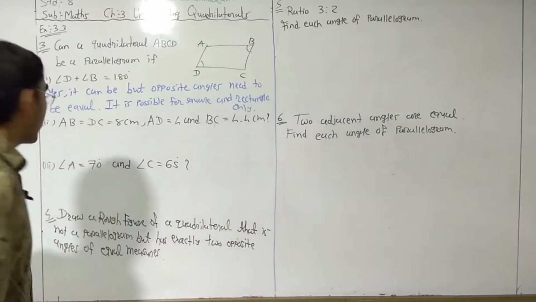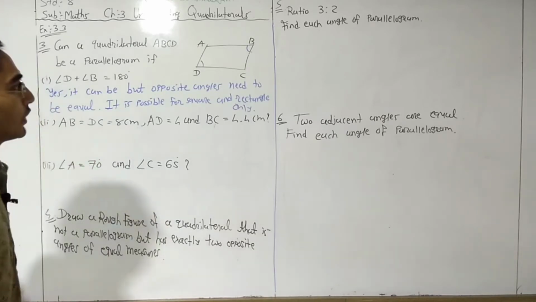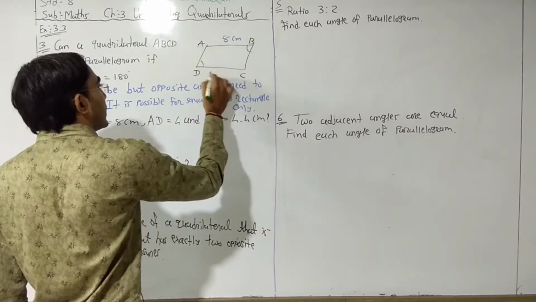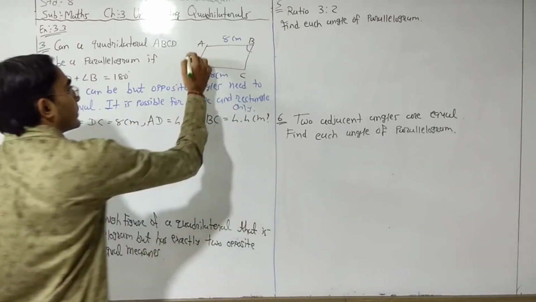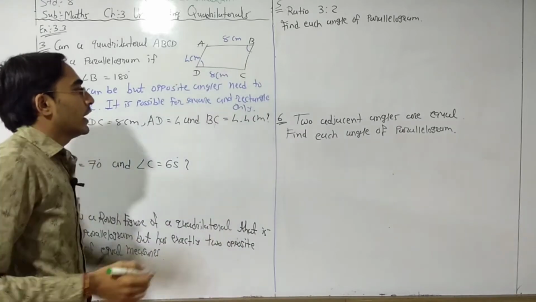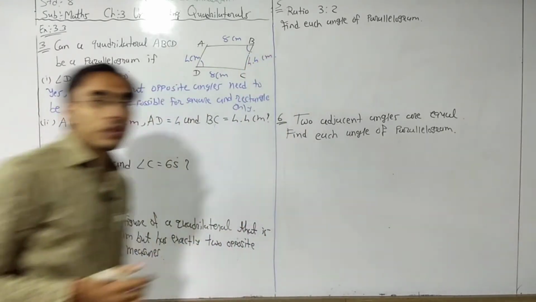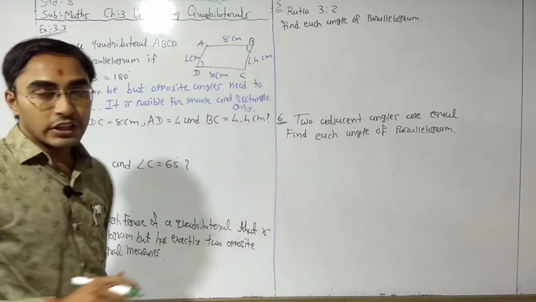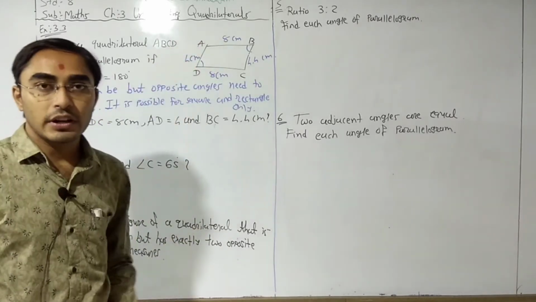Then the second condition is AB is equal to DC is equal to 8 centimeter. That means AB is 8 centimeter, DC is 8 centimeter. Then AD is 4 centimeter and BC is 4.4 centimeter. Here we can see opposite sides AB and DC are equal, right? 8 centimeter, 8 centimeter.